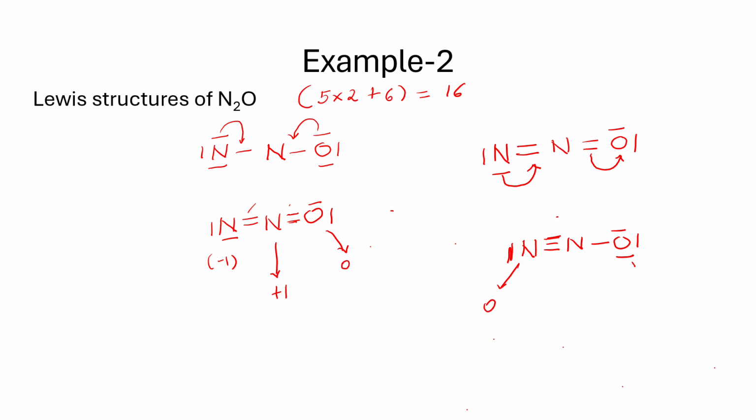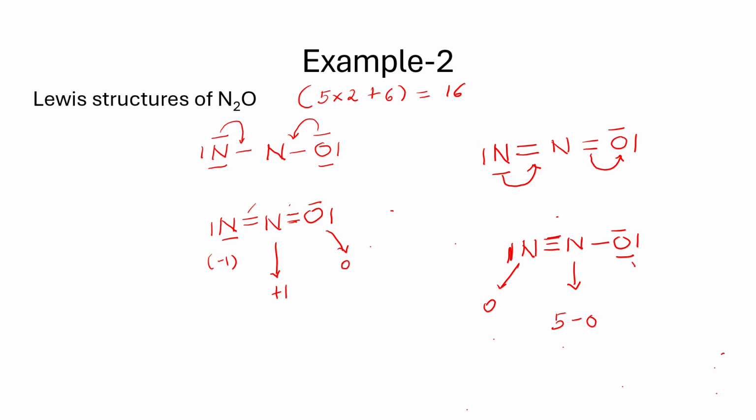Now let's use the same method to calculate the formal charge on the central nitrogen. So this is going to be 5 minus, you can see that there is still no lone pair.